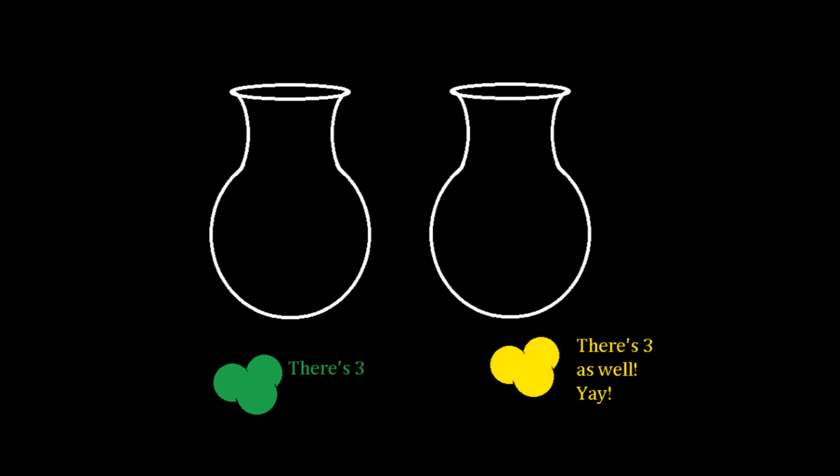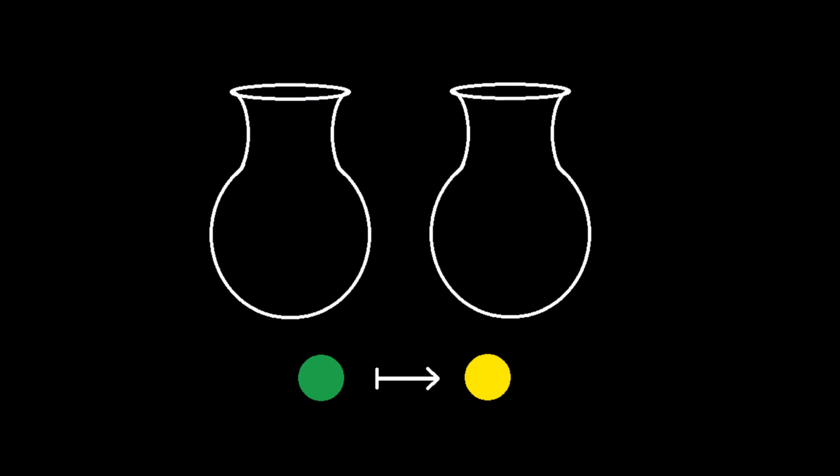Let me try another way. I'm going to take one marble in each jar. I pair them up, setting them side by side, and then I just forget about them. Then I do that again and again.